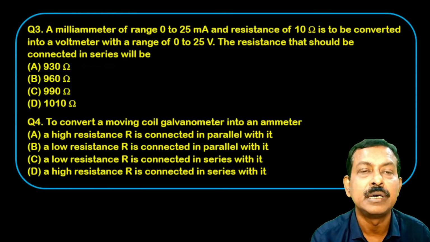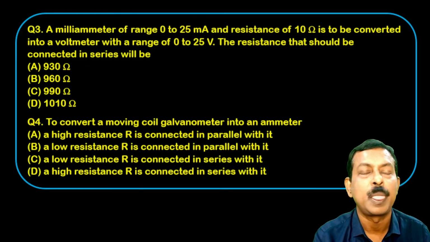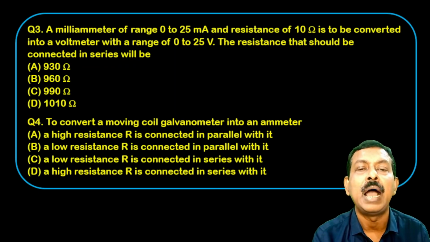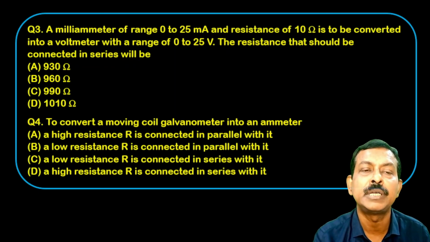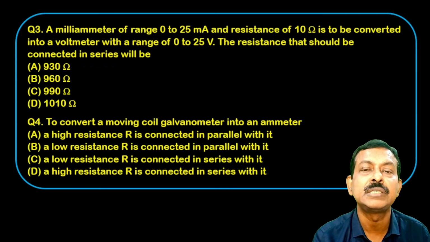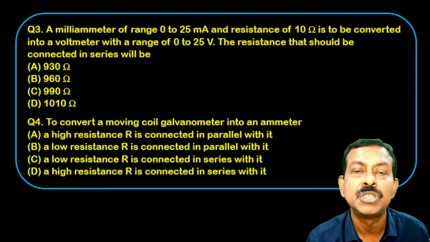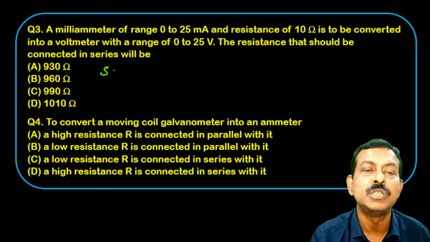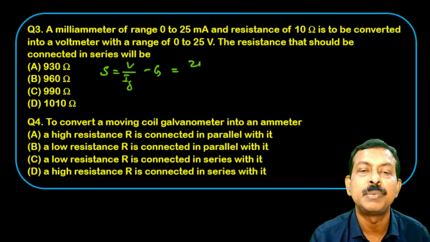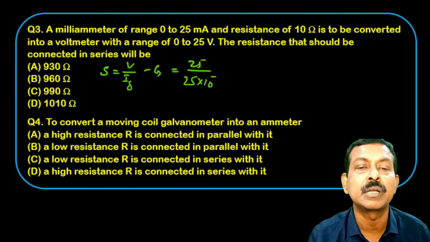Let's now take the next question. A milliammeter of range 0 to 25 milliampere and resistance 10 ohm is to be converted into a voltmeter with a range of 0 to 25 volt. The resistance that should be connected in series. That means again we want the series resistance value, so this is V by Ig minus G. Now V, the voltage range, is 25, and we have taken 25 milliampere as the permissible current there.